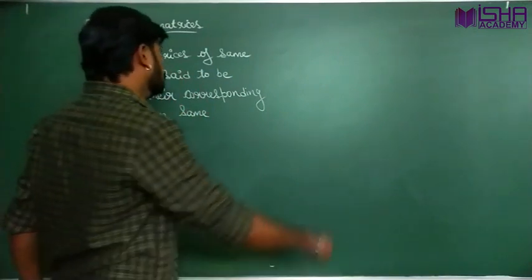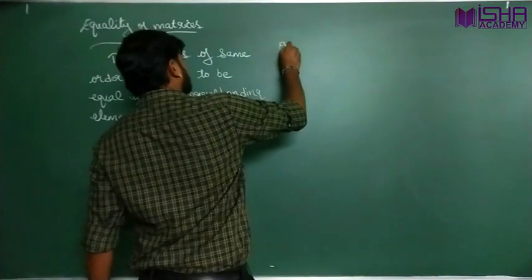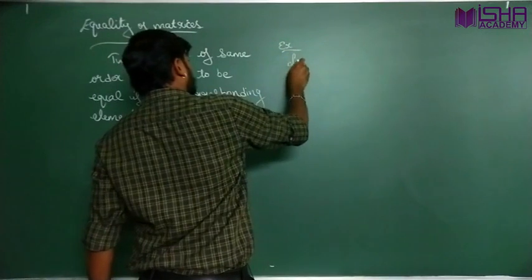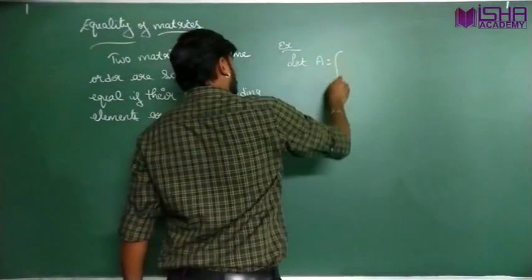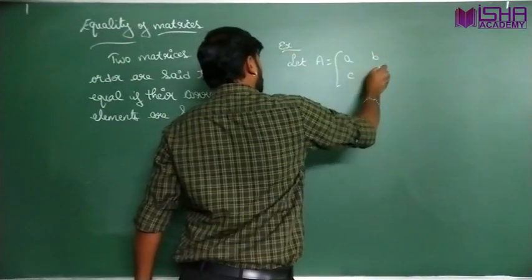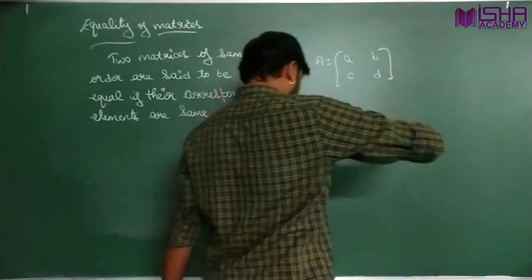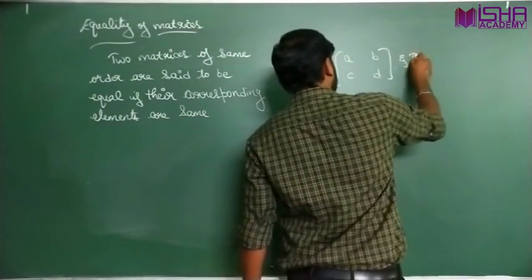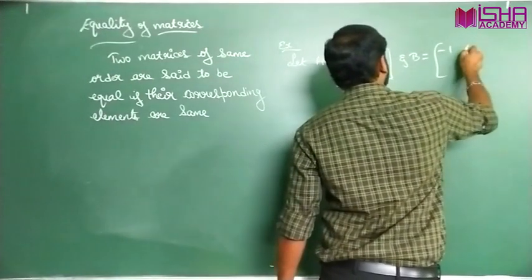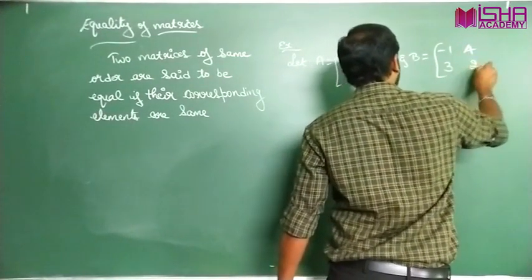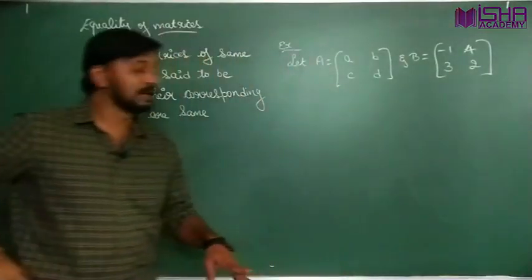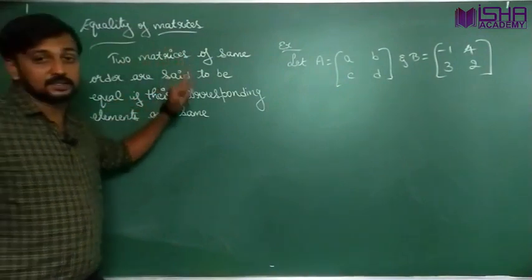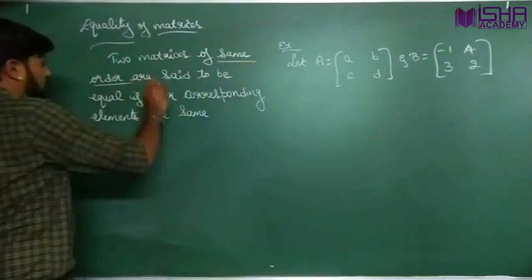What does this mean? Let us consider any two matrices. Let A equal [a, b; c, d] and let B equal [-1, 4; 3, 2]. First of all, you must check that they are two matrices of the same order.